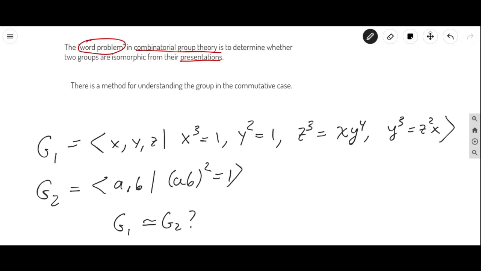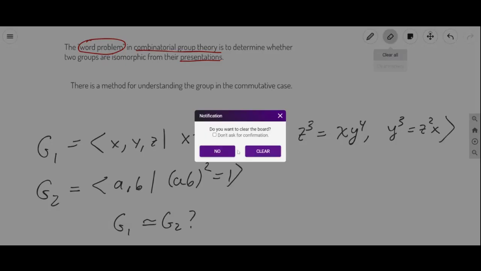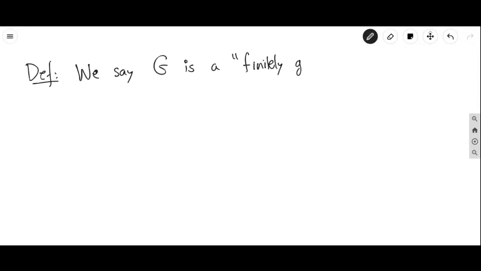So let's make some definitions and show you how this works. So let's make a definition. We say that G is a finitely generated abelian group if and only if, well, we know what an abelian group is.